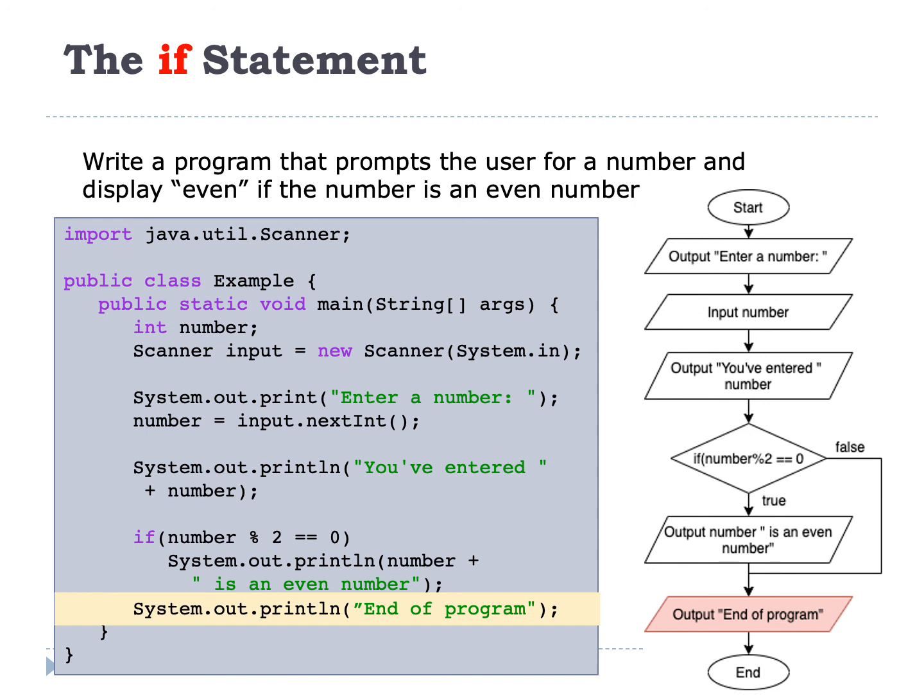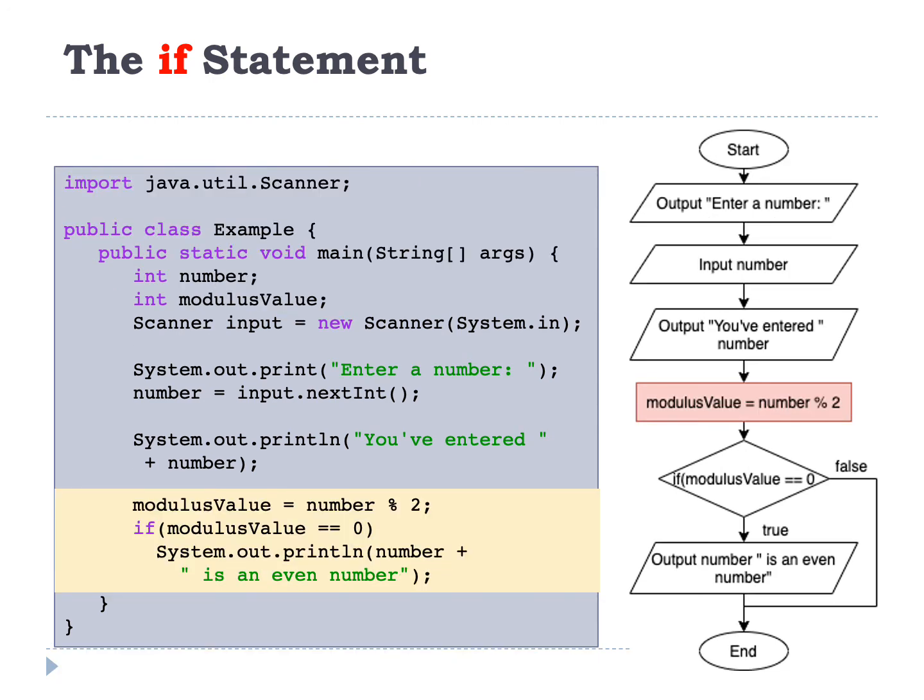We can have the output end of program before the oval shape end, so that when the condition is true, it will do output number is an even number, then exit the if block, and it will go to the next statement, which is output end of program. If the condition is false, it will straight away go to whatever statement that the main method has, which in this case is the output end of program sentence. We will look at this again later on.